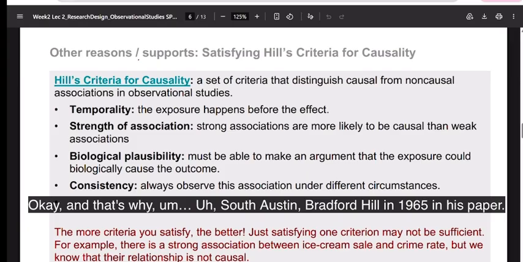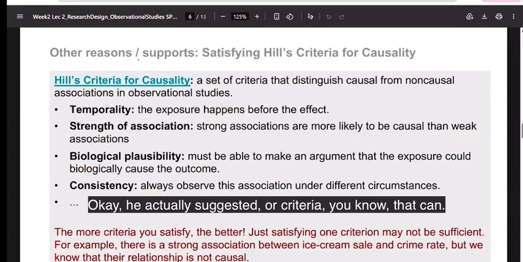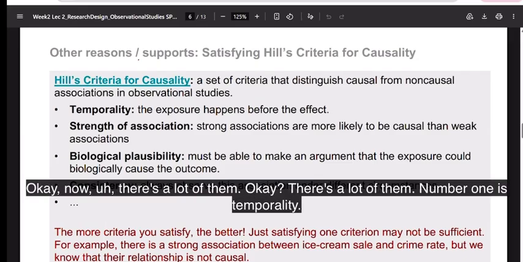That's why Sir Austin Bradford Hill, in 1965 in his paper, suggested criteria that can guarantee a causation conclusion from association. Now, there are a lot of them.